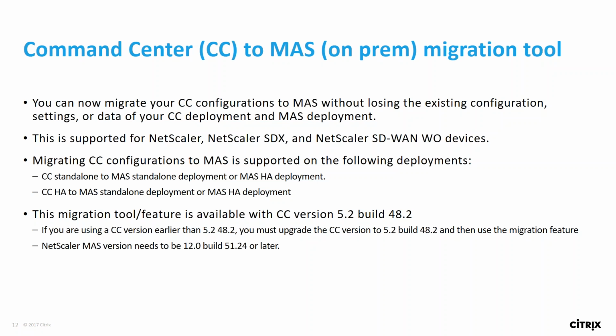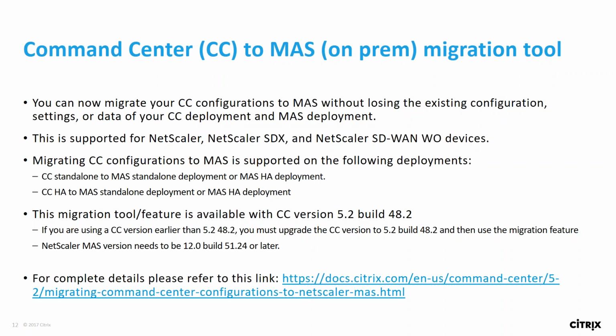This migration tool or feature is available with the latest release of Command Center, which is version 5.2 build 48.2. So if you're using a CC version earlier than that, you must upgrade to this version and then use the migration feature. And the NetScaler MAS version would need to be 12.0 build 51.24 or later.